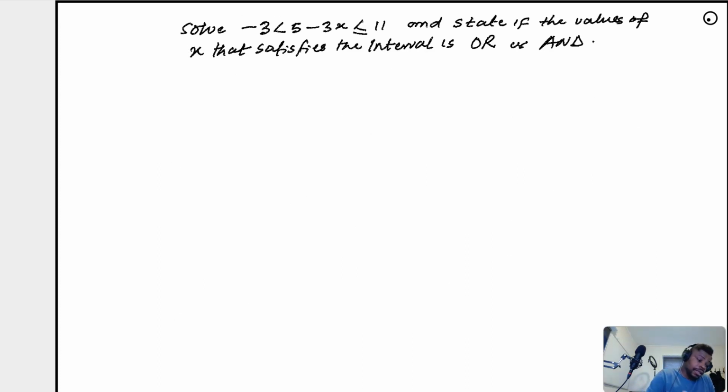Let's take one more question. Now, let's solve this inequality. Minus 3 is less than 5 minus 3x, and it's less than or equal to 11. You already know that.